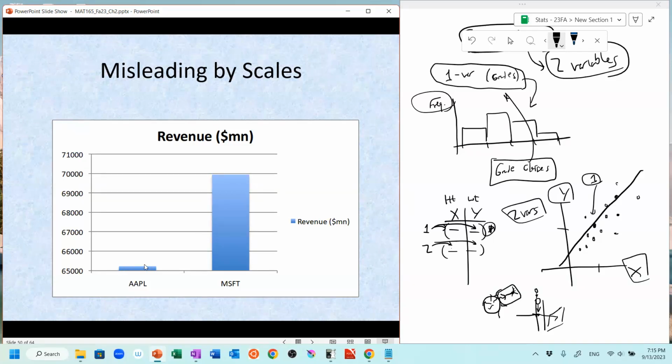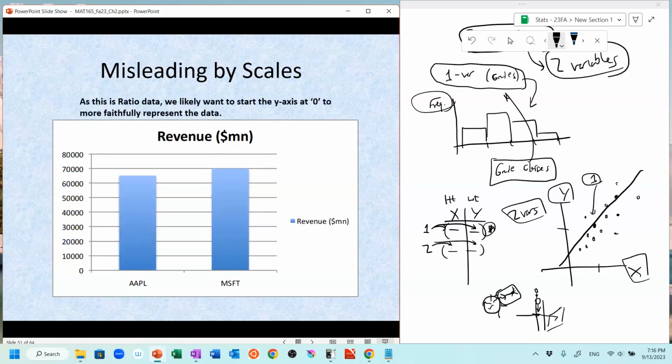Apple had something like 65 billion in revenue, and Microsoft had something like 70 billion in revenue. But if you're not careful and if you don't carefully look at the scale over here, this picture can be very misleading. It can make it seem like Microsoft has 50 times the revenue of Apple, and that's just not the case.